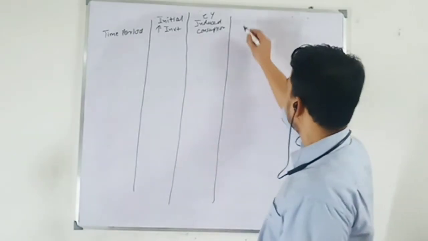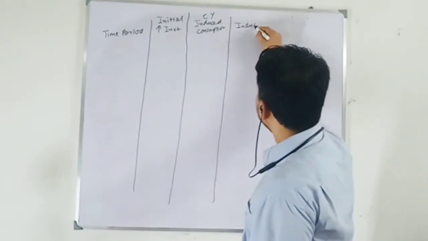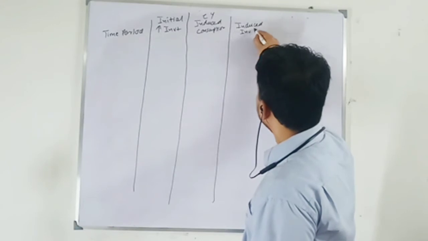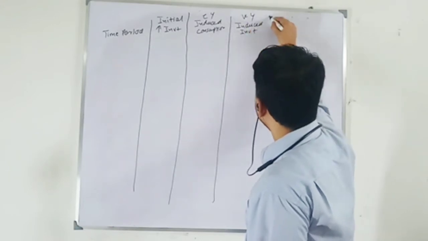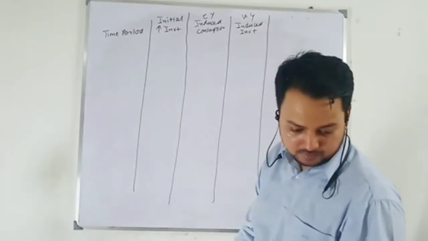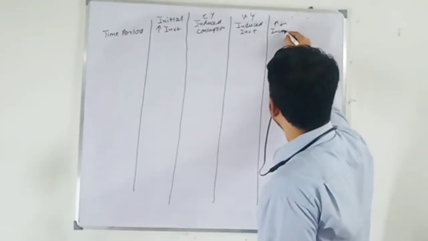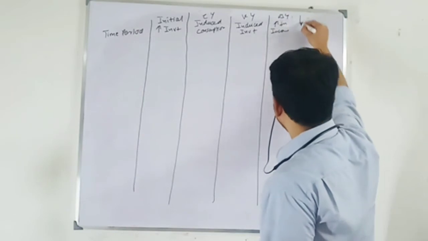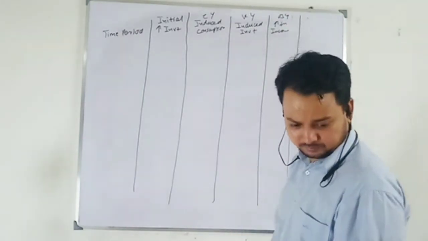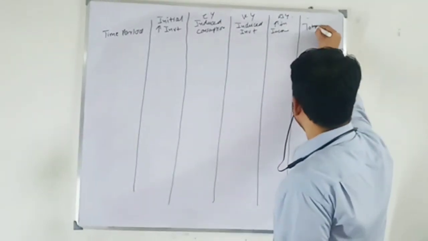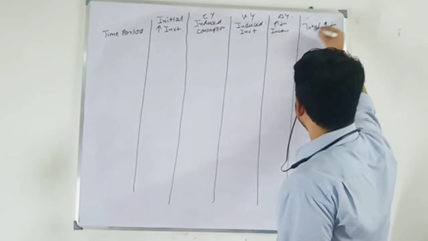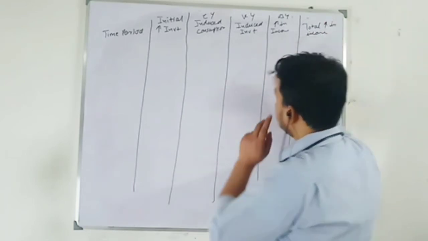Induced investment, v y. Then you have increase in income, delta y. Then total increase in income.